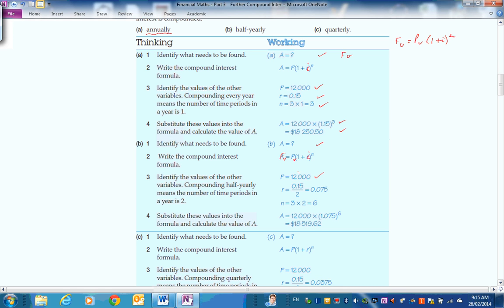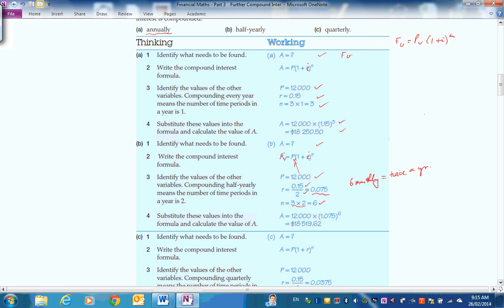12,000 is the present value, and R is divided by 2, because it's 6 monthly, which is twice a year. So you'll only apply half of that rate. So it's 0.075, and in 3 years, how many half years would there be? 6.